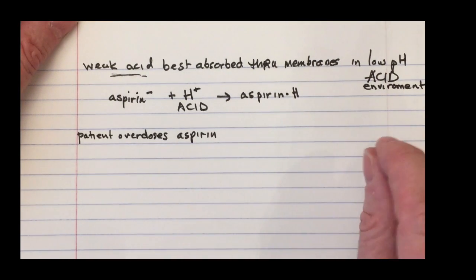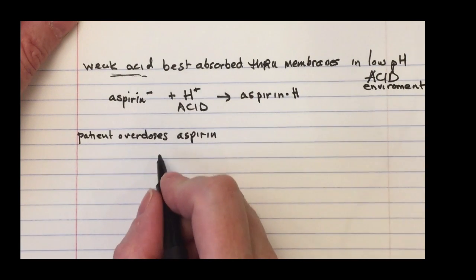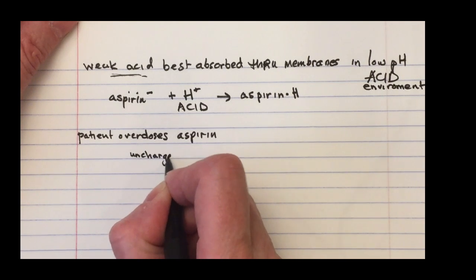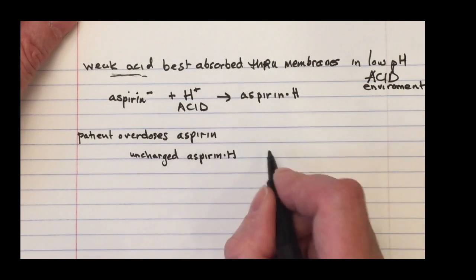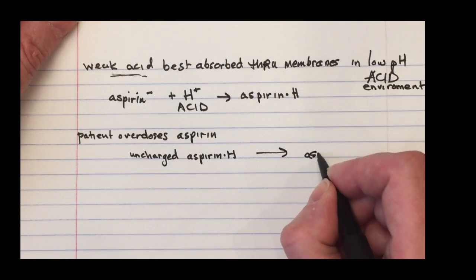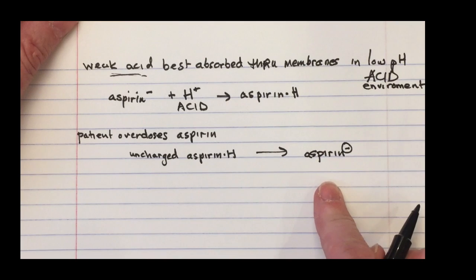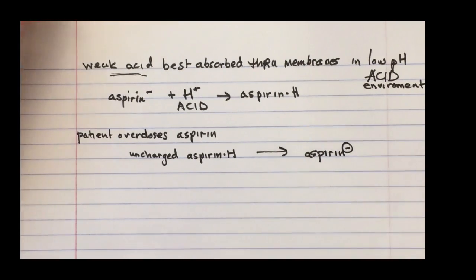You don't have to do it very much, a little teeny tiny bit will convert most of the uncharged aspirin in the bloodstream into charged aspirin. And that way when the aspirin goes past the kidney, it'll be excreted out.